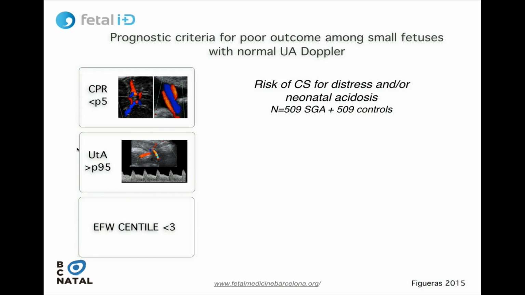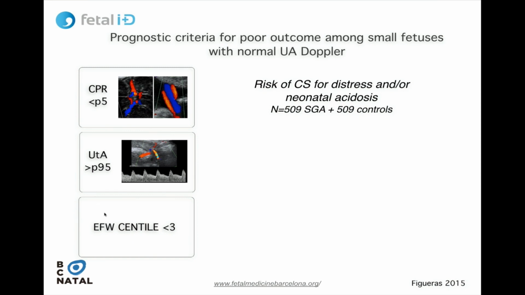I'm talking when you have picked up that this is a small fetus, you don't care about the uterine artery in the beginning. You look now at the uterine artery. If it's above the 95th centile, and a very easy number to remember is 1 in the third trimester, a pulsatility index of 1 is above the 95th centile. It has an independent value. So it's either CPR, or uterine artery.